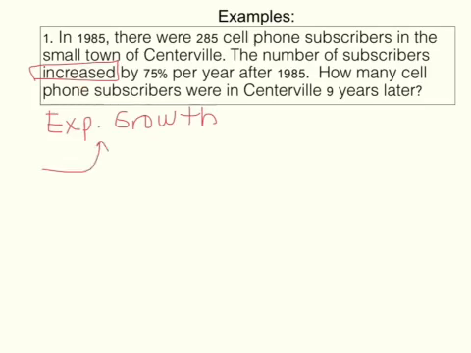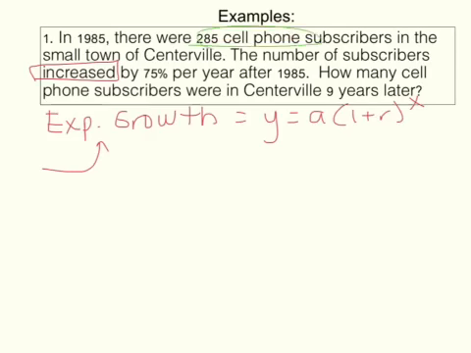So it's growing. Now, that means I use my y equals a times (1 plus r) to the x equation, my exponential growth equation. This is why it's important to remember what all these y, a, r, and x stand for, because we're going to go back into my word problem and label all my variables. It says in 1985 there were 285 cell phone subscribers.